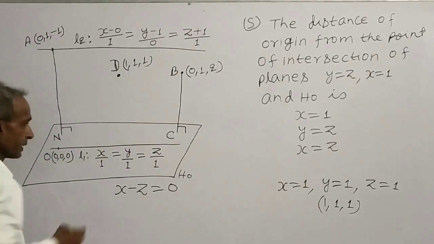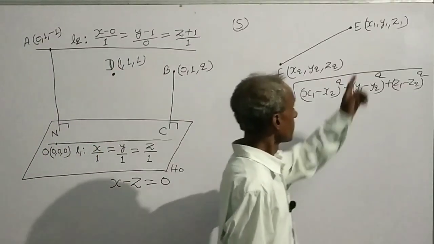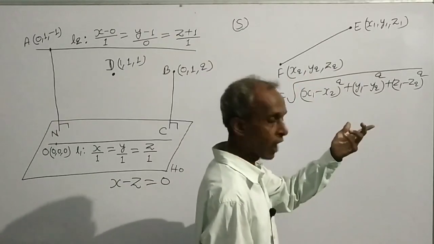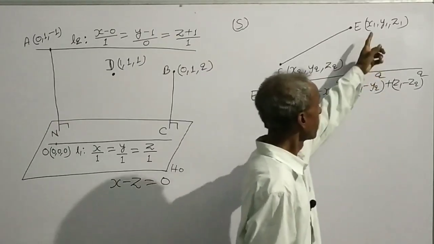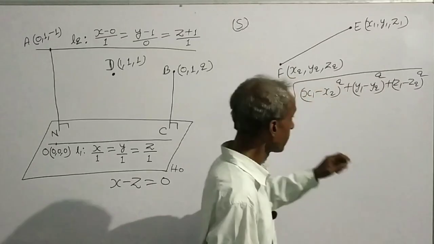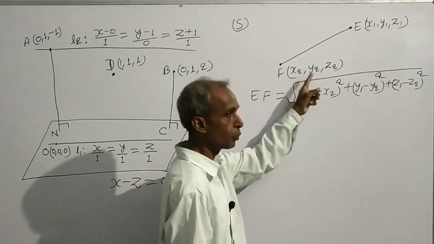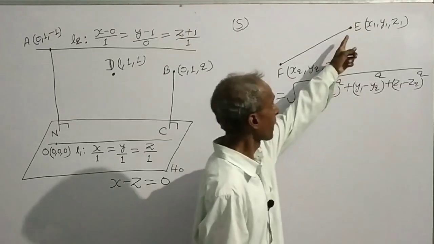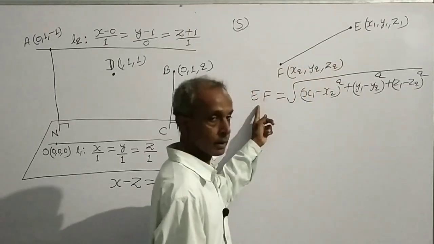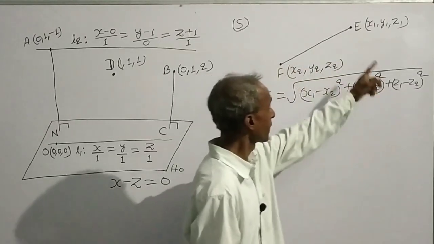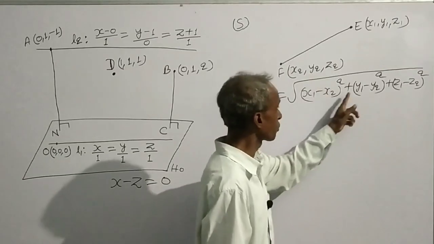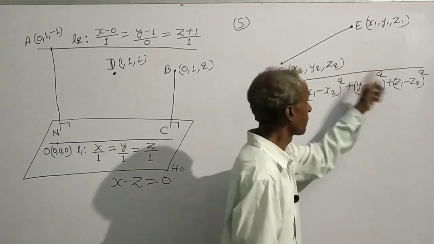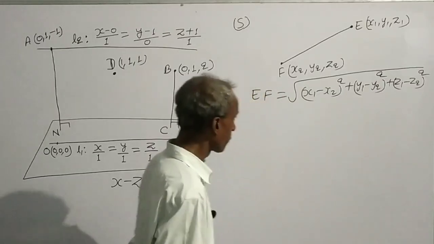If E and F are 2 points with coordinates x1, y1, z1 and x2, y2, z2, then the length of line segment EF is equal to root under x1 minus x2 square plus y1 minus y2 square plus z1 minus z2 square.